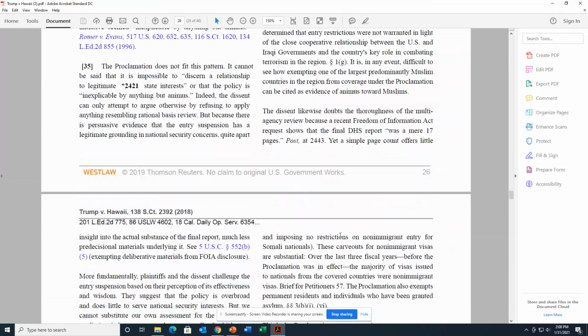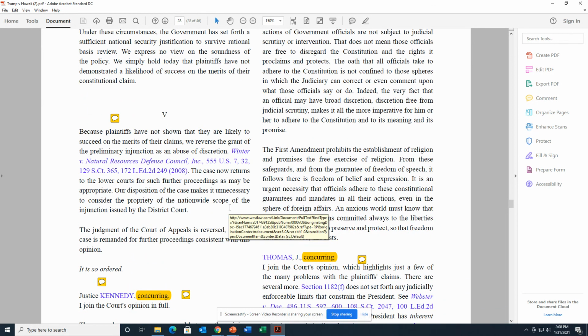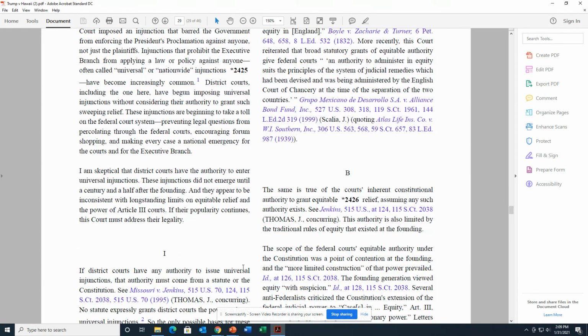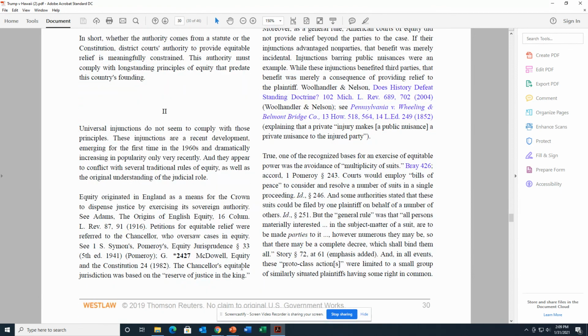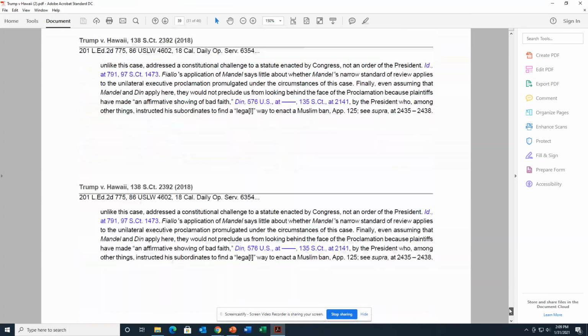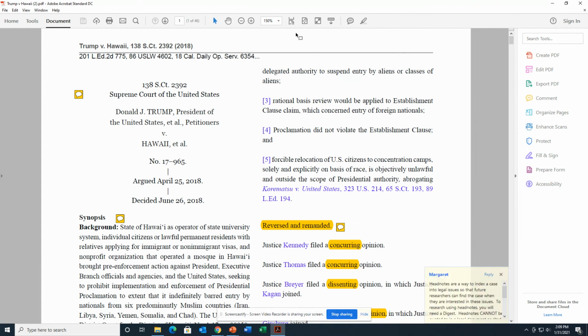Okay, this is where they are reversing the district court's injunction. And here's my concurrence. Here's my other concurrence. And then you get your dissents after that. I know Sotomayor wrote a really long dissent. So again, the dissents you do not cite to as law. So that's just kind of an outline of one case.